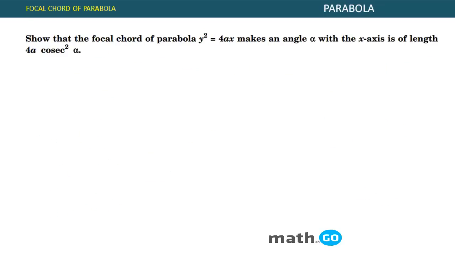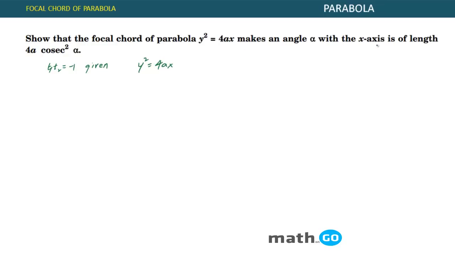Let us do a problem to understand the concept. It says show that the focal chord of the parabola makes an angle alpha with the x-axis and is of length this. So again, focal chord is given. So we know that for any 2 points, T1 T2 = -1. This is given because it is a focal chord of the parabola. The parabola given is the standard parabola, no problems.